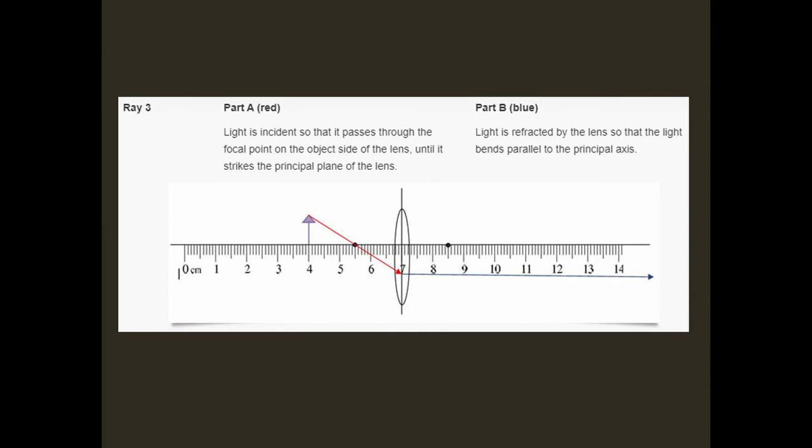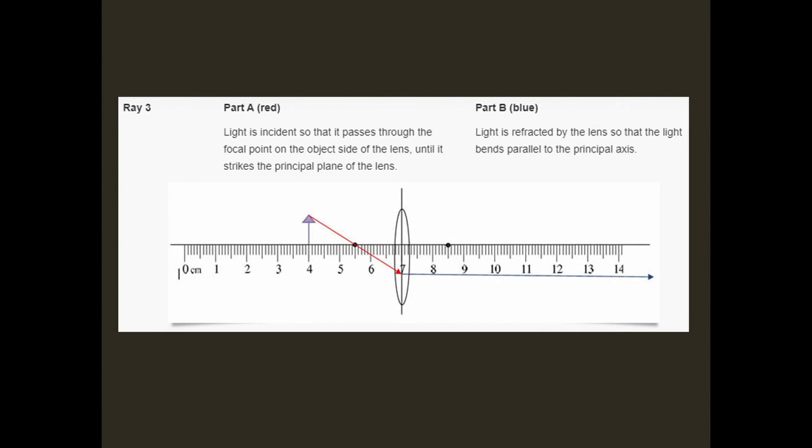Part A. Light is incident so that it passes through the focal point on the object side of the lens until it strikes the principal plane of the lens. Alright, so now in this case, one more time, we have our object, which is the purple arrow in number 4. And we have that light right now is going directly through the focal point that is right in front of our lens.